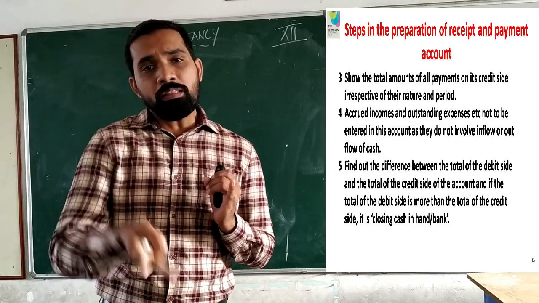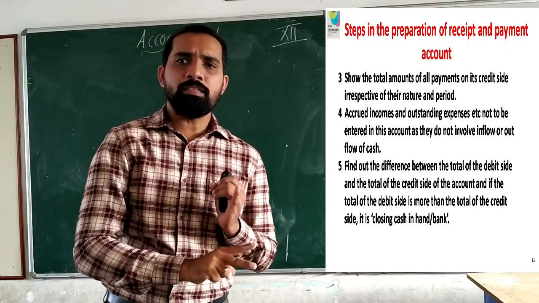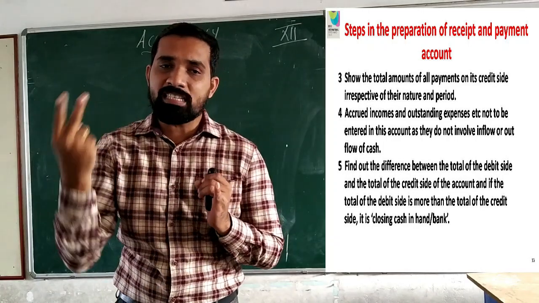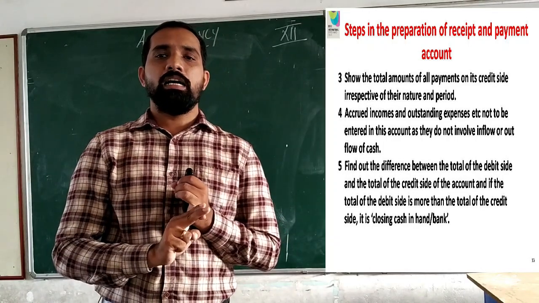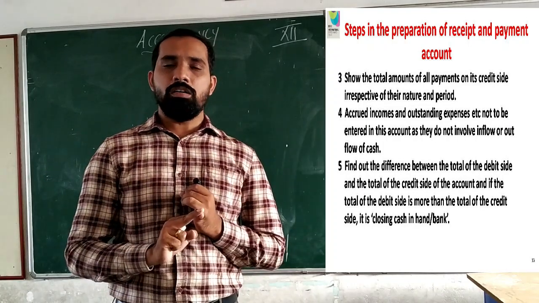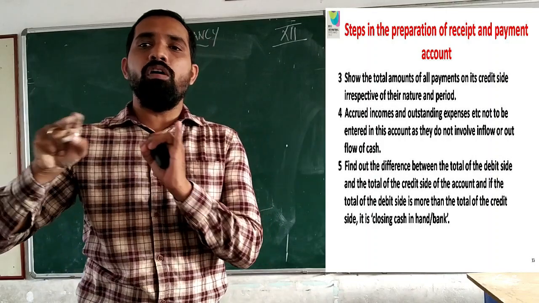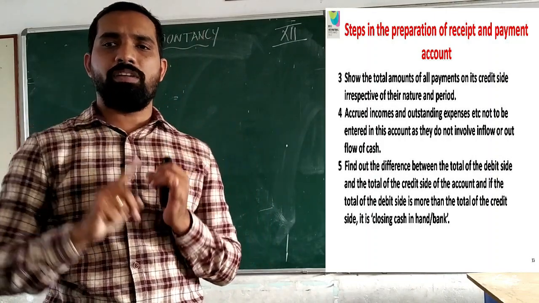And the fourth step, accrued incomes and outstanding expenses are not to be entered in this account, as they do not include inflow or outflow of cash.